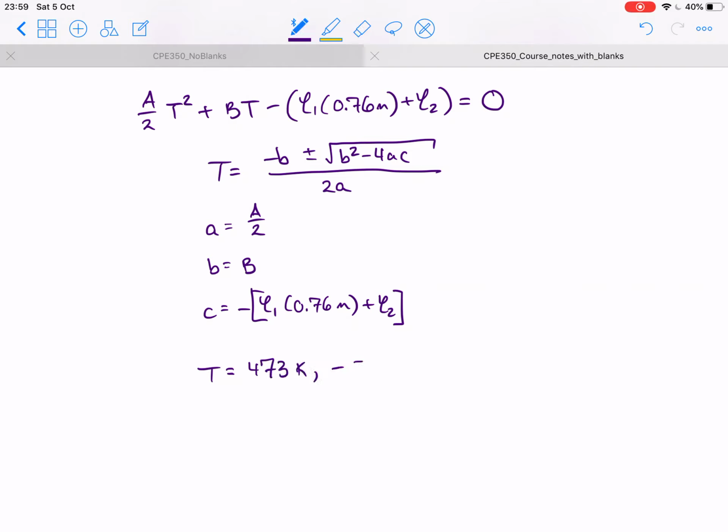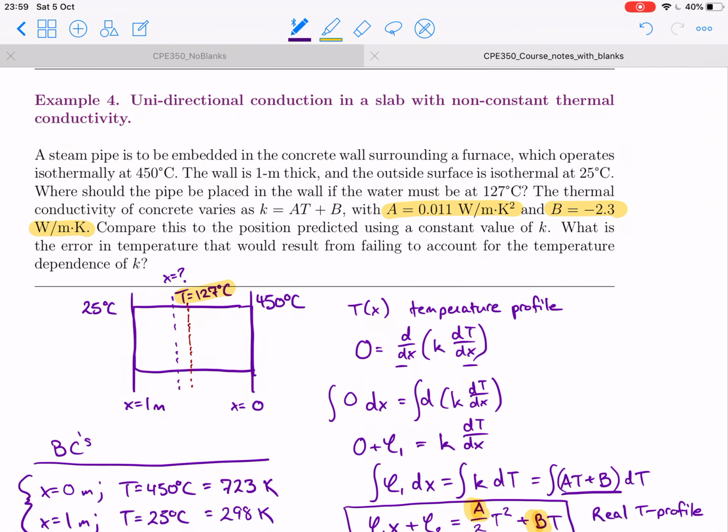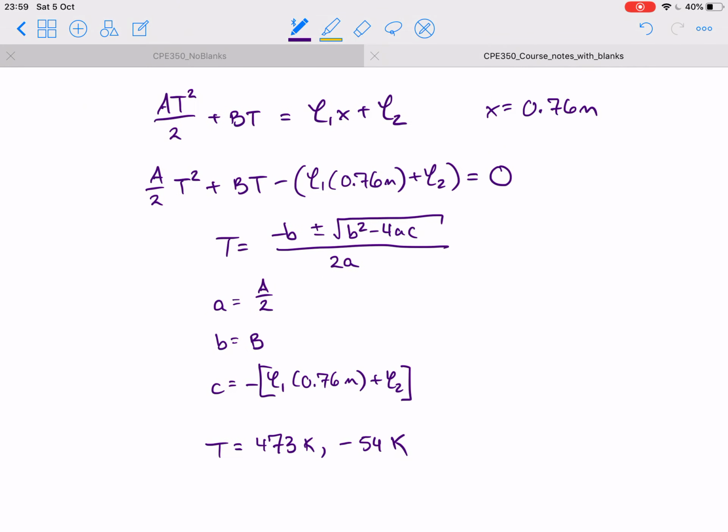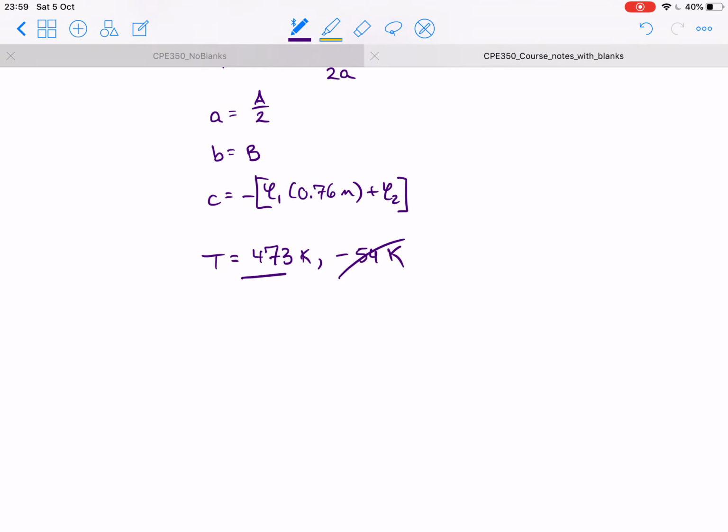And the second is a negative value. Going back to the geometry of the problem, these are positive temperatures on both ends, so we can pretty much discount the negative solution. And the true solution is 473.